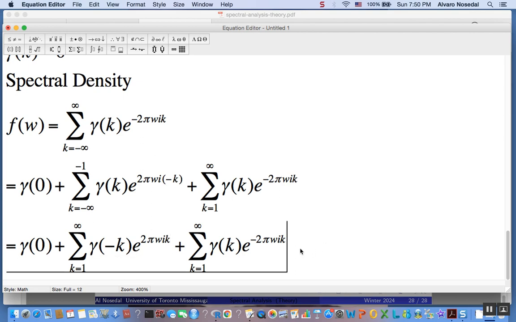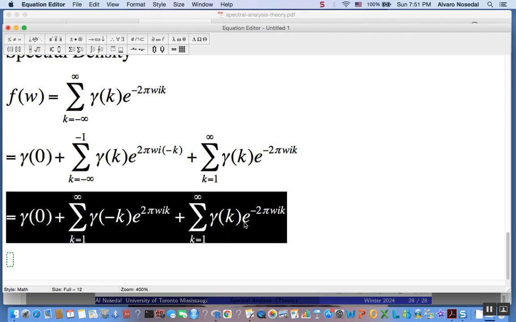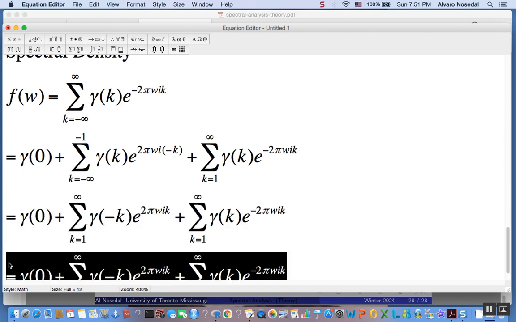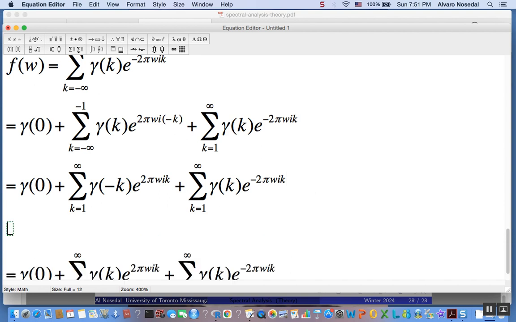And now, finally, again, let me use the fact that gamma at negative k and gamma at k are the same. So let me rewrite this. We call that gamma at negative k, just this part here.